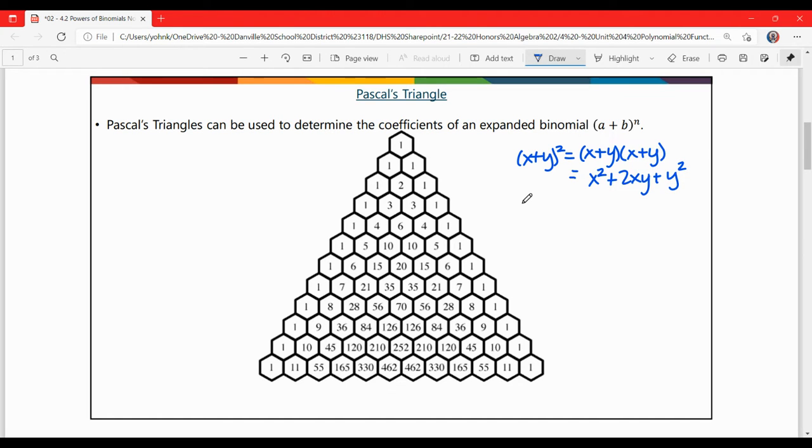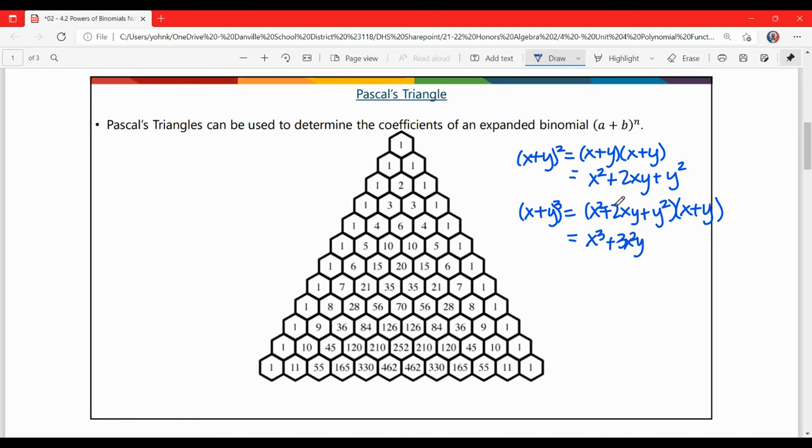Okay, no big deal. If I asked you to do (x plus y) cubed, you'd have to take what you just got for (x plus y) squared, and you would have to multiply by x plus y. And so you get x to the third, you'd have x squared y and 2x squared y, which is 3x squared y.